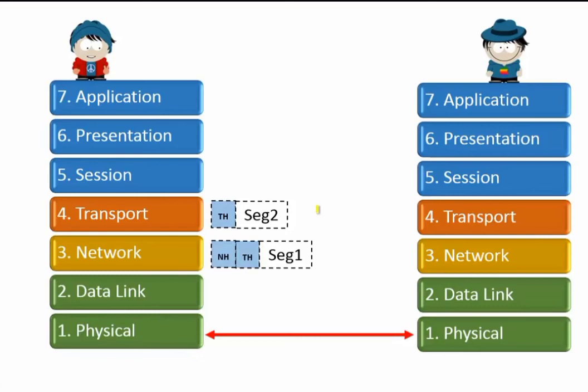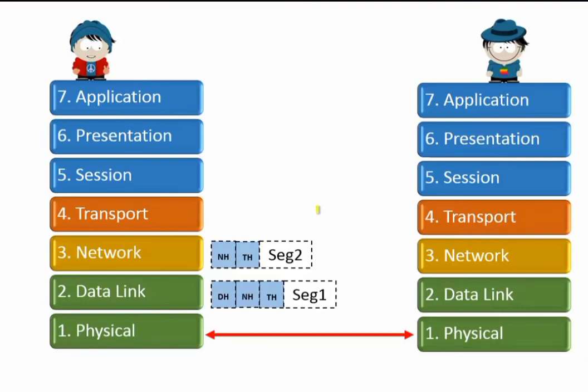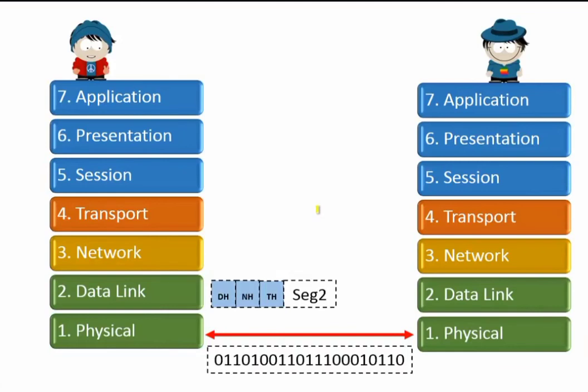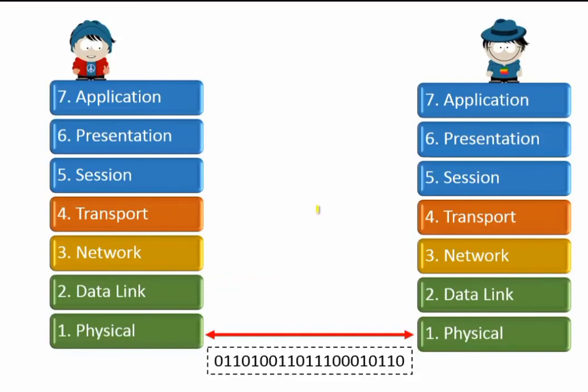Then the network layer gives the packet to the data link layer, which adds a data link header. Segment 2 also goes through the same process. Next, segment 1 goes to the physical layer, which, as we know, will convert it into zeros and ones. Segment 2 also gets converted.